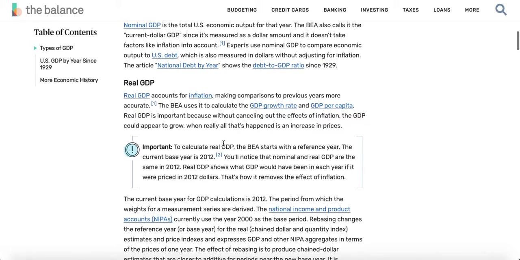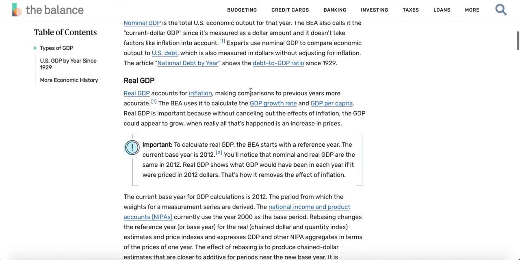So let's look at what their real GDP is. That accounts for inflation, and because of that, it makes comparisons to previous years more accurate. The BEA uses it to calculate GDP growth rate and GDP per capita.